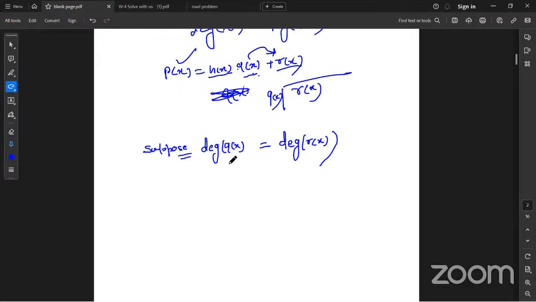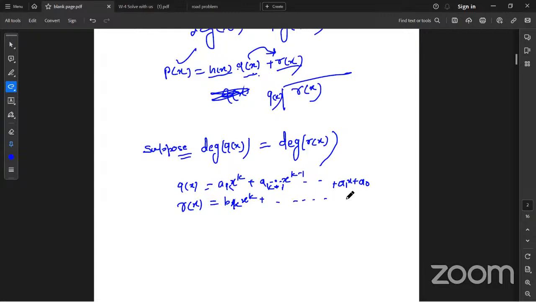Just suppose that this polynomial looks like this: a_k x raised to the power k, then a_(k-1) x to the power k minus 1, and so on, up to a_1 x and a_0. And similarly R(x), if both polynomials have the same degree, will look like this: b_k x raised to the power k, up to b_0, right?